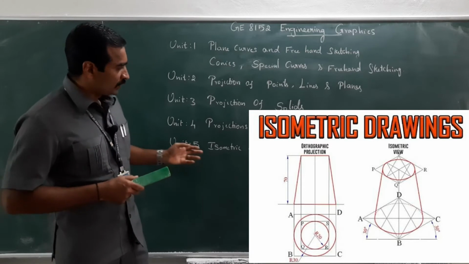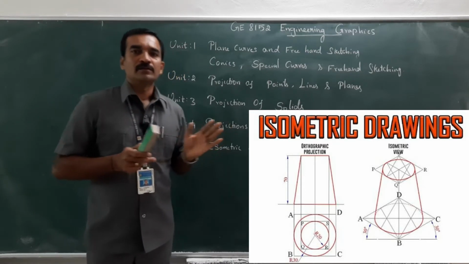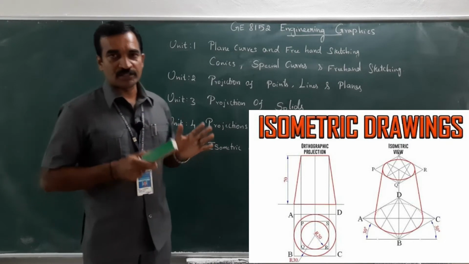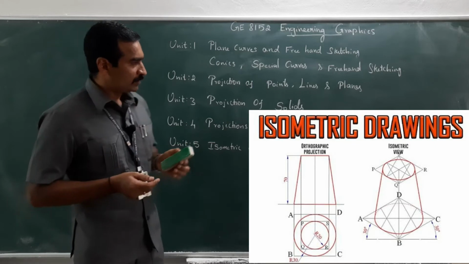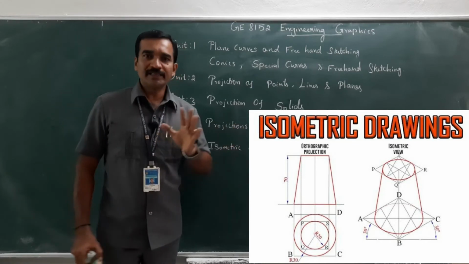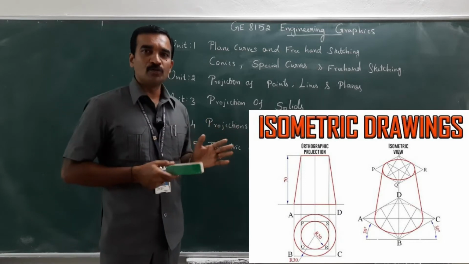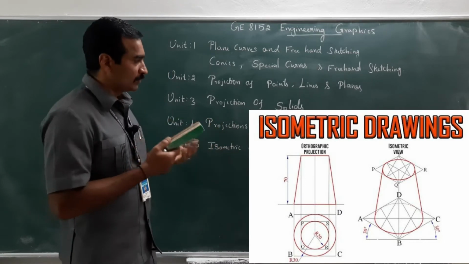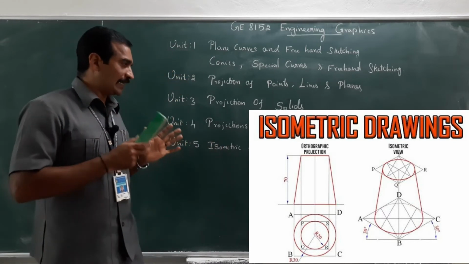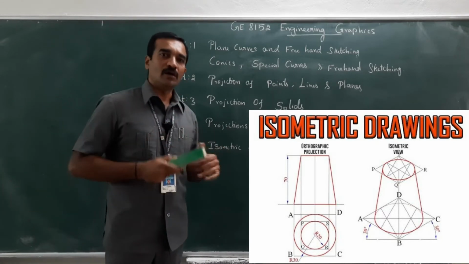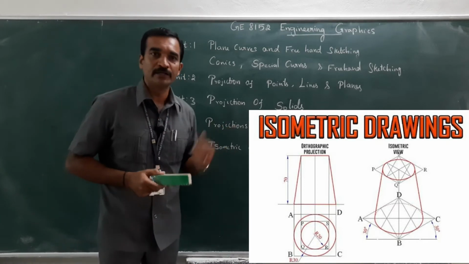Isometric projection is basically for a 3-dimensional solid, to show all the 3 views, that is top view, side view and front view, with a single object. In addition to that, dimensions can be measured from that projection.